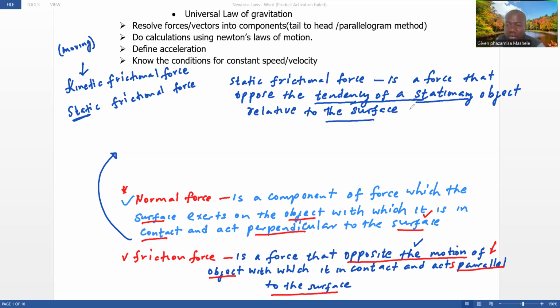And we can also say which acts parallel to the surface, because it's still a frictional force.